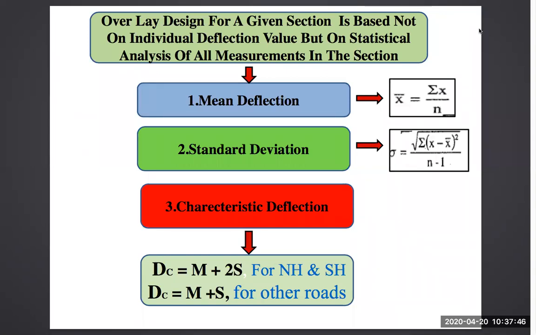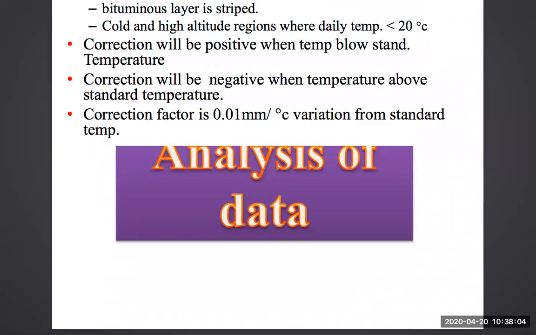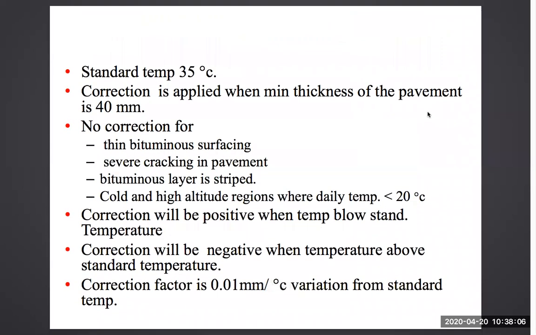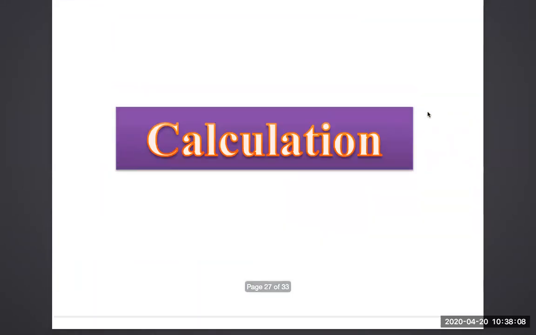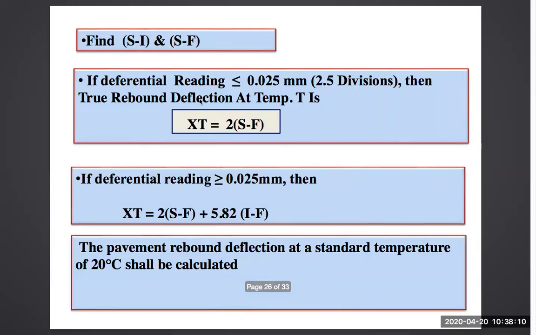I had one doubt, sir. The X values which we are taking, is it just at intervals of 50, or 50 with the 3 values? This is the final true rebound deflection.